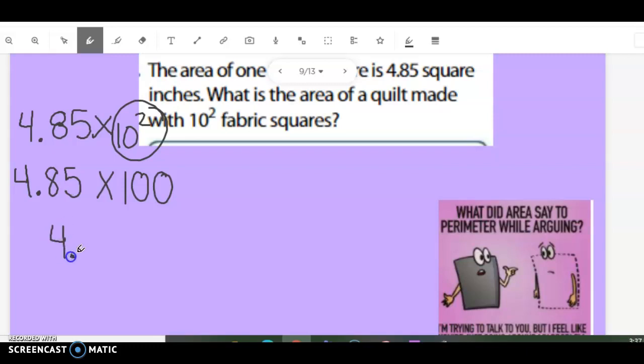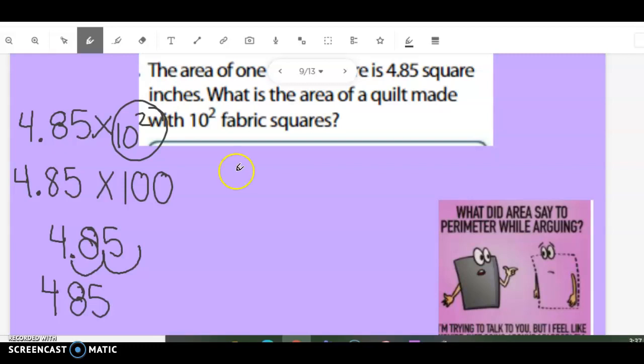So if I use my knowledge of patterns, I know that I can move the decimal place 2 times to the right because I'm multiplying by a bigger number, so I know my answer is going to get larger. So I should get 485.